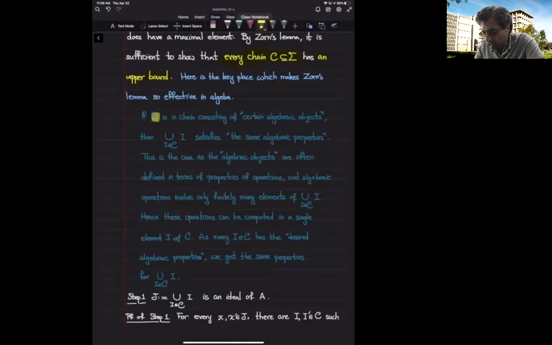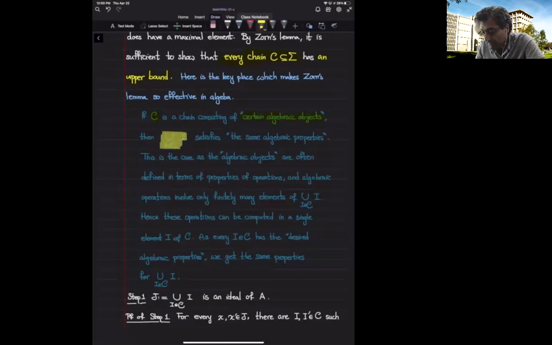Suppose I give you a chain consisting of certain algebraic objects. So here, for instance, in this example, we are working with proper ideals or ideals of A. Okay, so being an ideal is something algebraic. Now we look at the union of these.